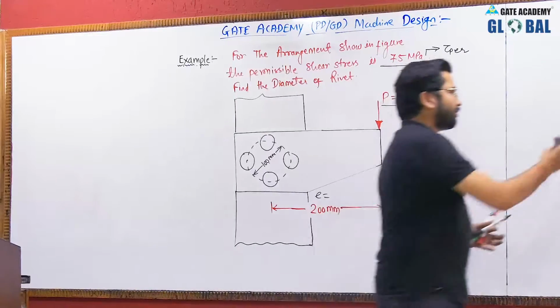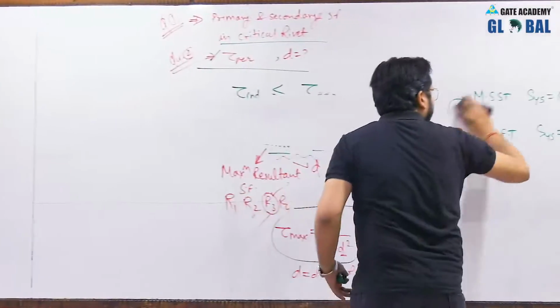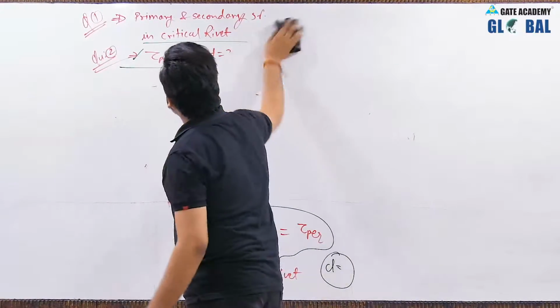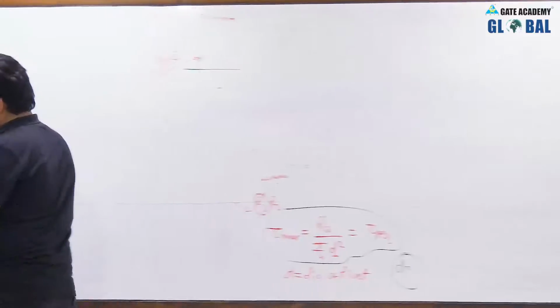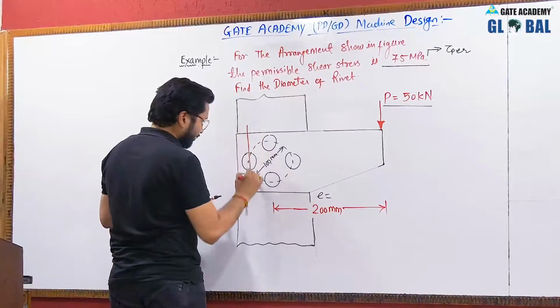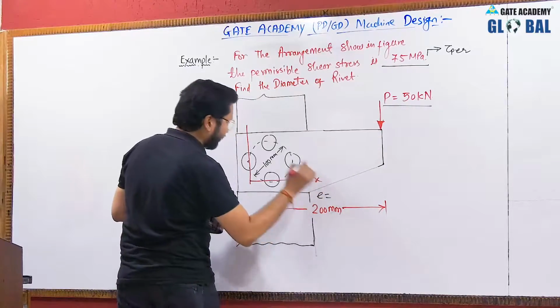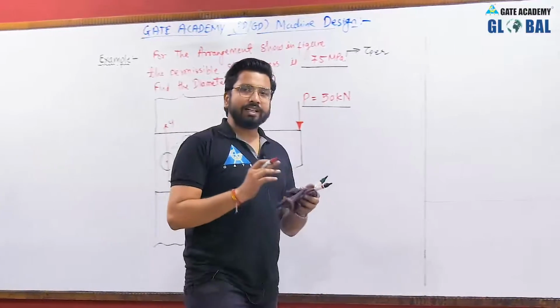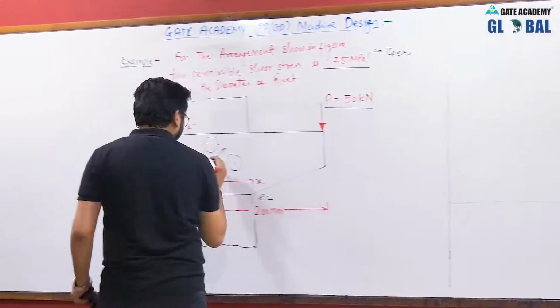As this is a standard geometrical shape, you can clearly see that it is arranged symmetrically. If you make a reference axis like this, you can see that the rivets are arranged symmetrically with respect to the reference. Hence the center will be the centroid.